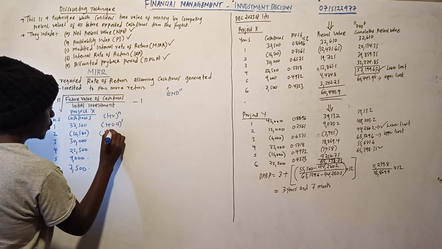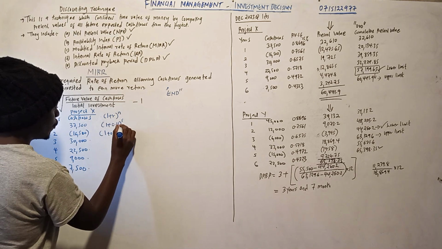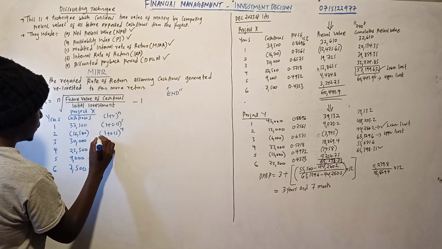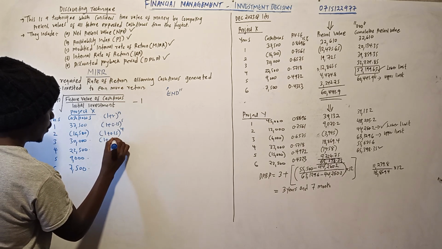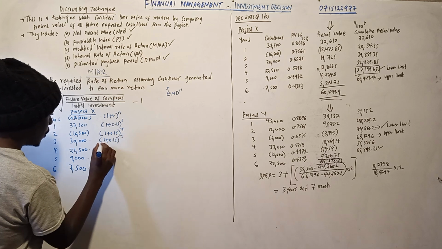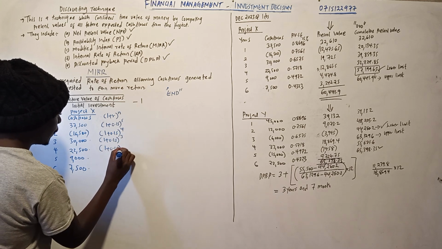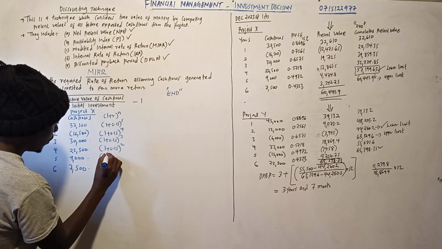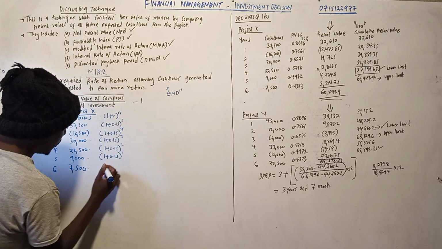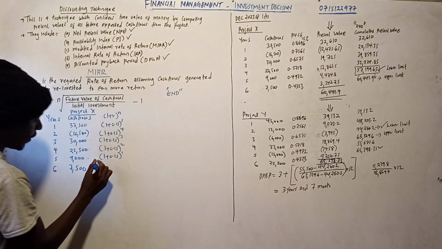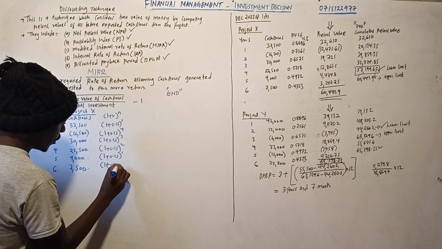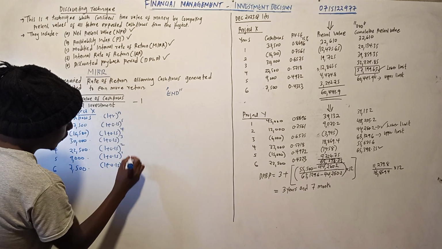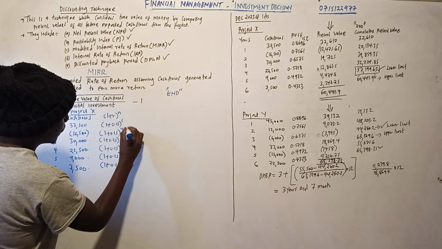Next is 1 plus 0.15 raised to 4. Then 1 plus 0.15 raised to 3. 1 plus 0.15 raised to 2. 1 plus 0.15 raised to 1. And at year 6, that figure remains as it is, 1 plus 0.15 raised to 0. It remains as it is.